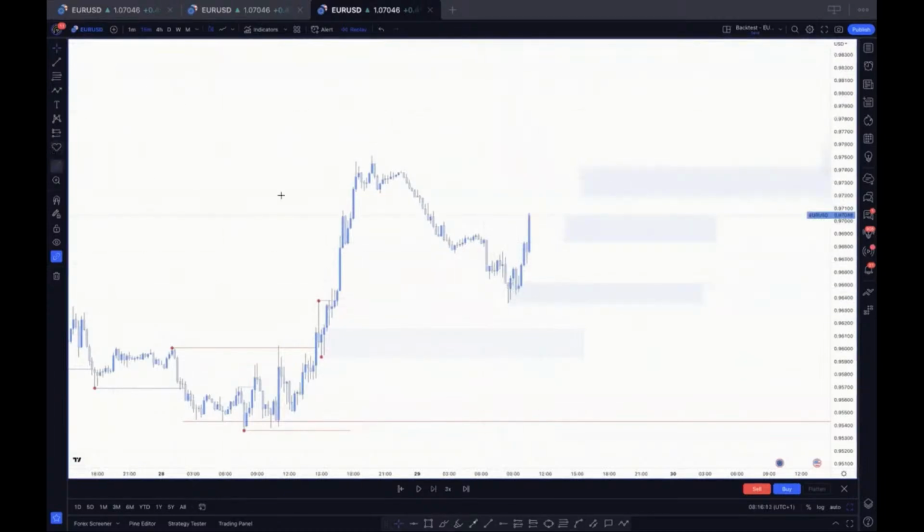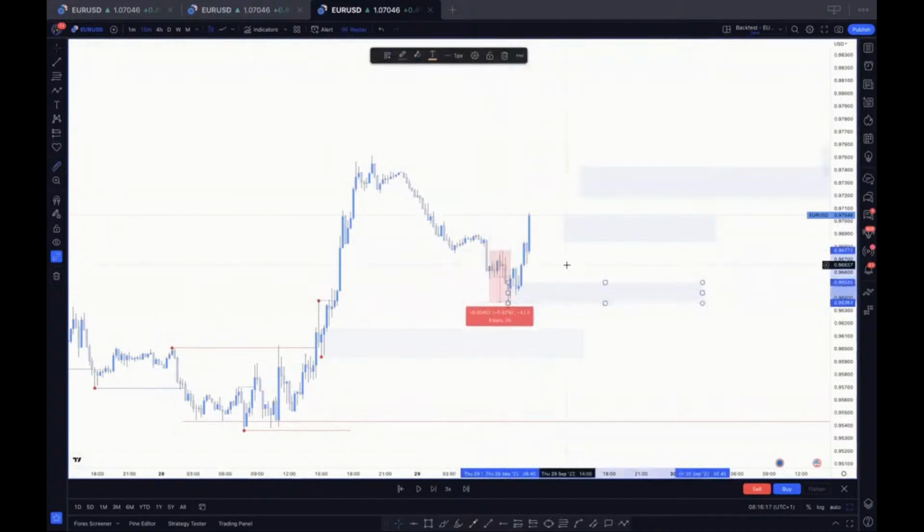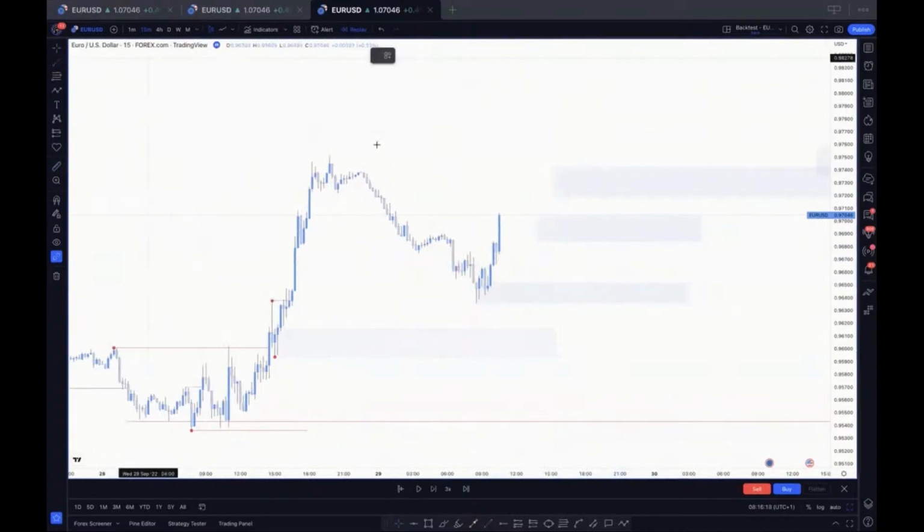Now, if we draw this structure here, let's see, this is up to 40 pips, right? So we can actually draw this. For me, I can just draw this, but I know that this is, of course, internal structure, because this move here has refused to actually pull back. So considering this large move here, this is now our high, right?